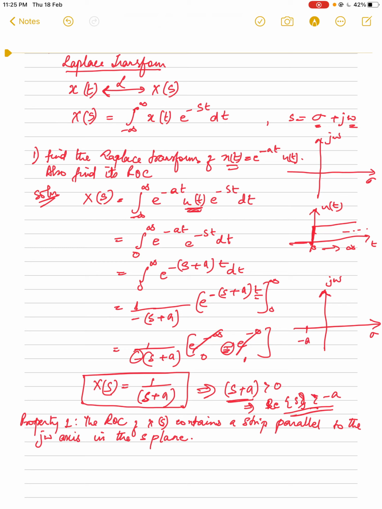So real s is greater than minus a, which means it's a strip. ROC is a strip parallel to the j omega axis. So for your system to be stable, your ROC should be greater than minus a, which means it should be on the right side of the S plane.